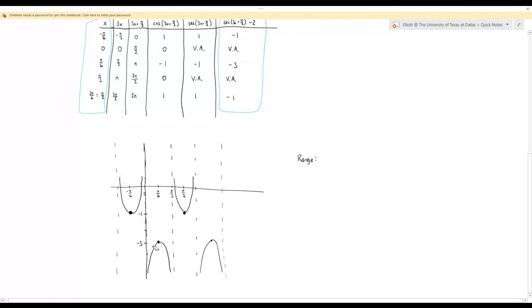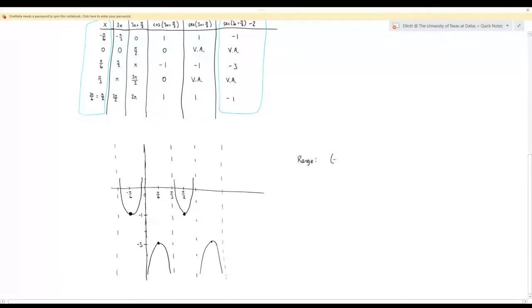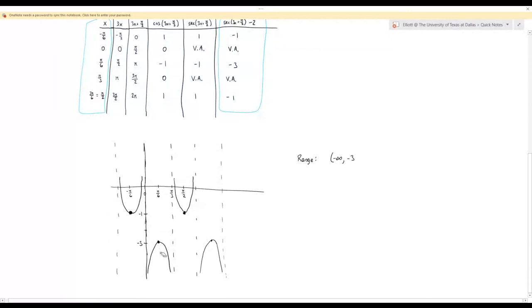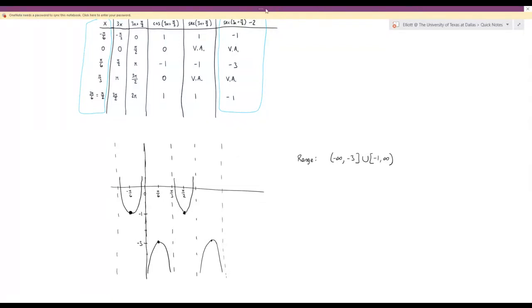And we also have this portion down here where it starts at -3 and goes down to -infinity. So we have one interval from -infinity up to -3. But then we have another interval starting at -1 and then going up to infinity. So that would have been the range of this secant function here.